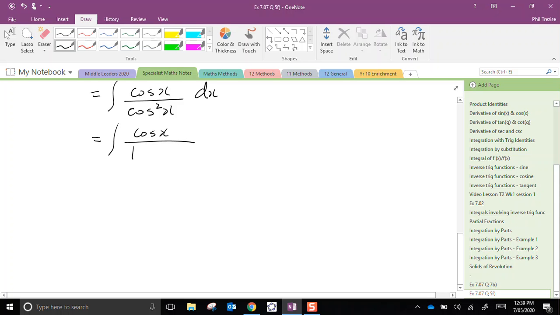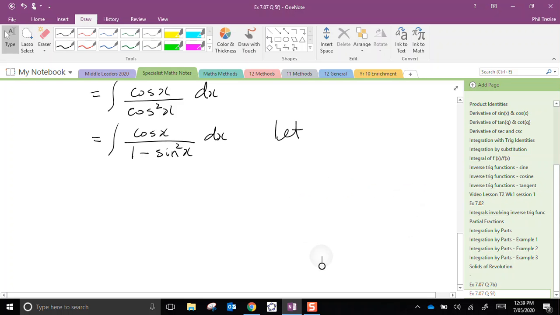I'm now going to use the Pythagorean theorem to write 1 minus the sine squared of x dx. And that's starting to give me the possibility here of doing a substitution, because the derivative of sine is cosine. So I could let, what's a pronumeral I haven't used?